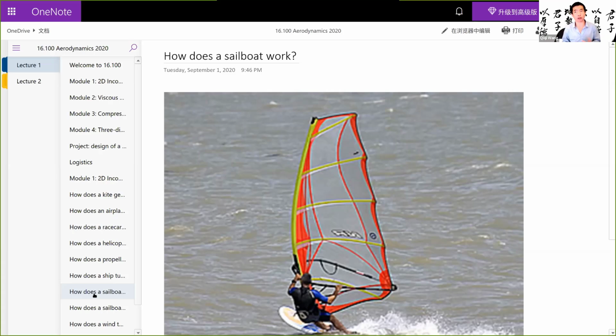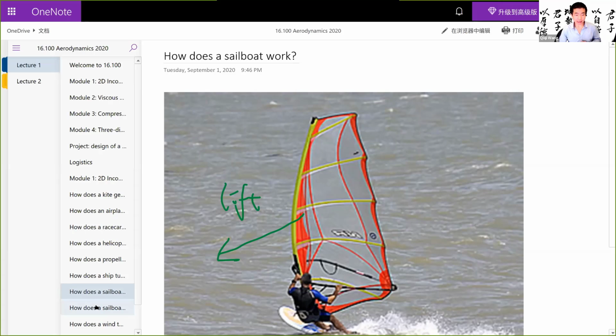It doesn't generate a force that's in the same direction as the relative wind. It generates a force perpendicular to the relative wind. If anybody has sailed a boat, you know that. A sailboat generates lift in this direction, right? In the direction that's perpendicular to where the wind comes over you. And that's the lift force that propels a sailboat.